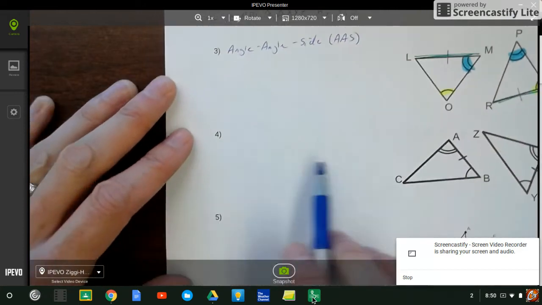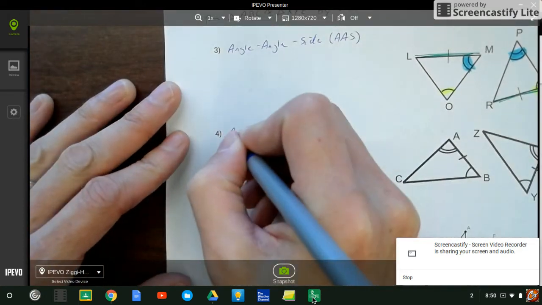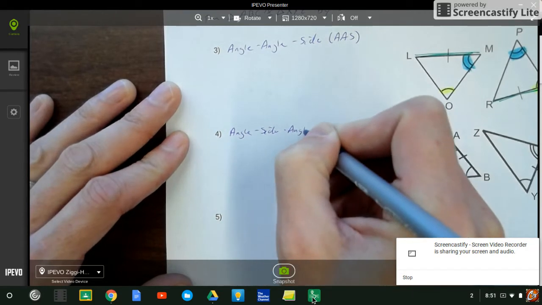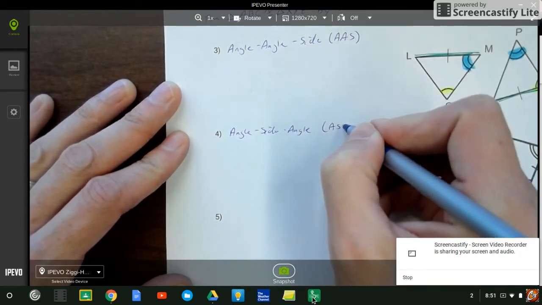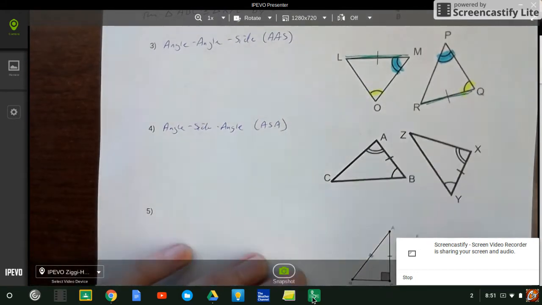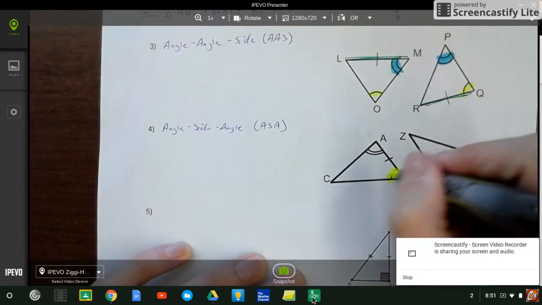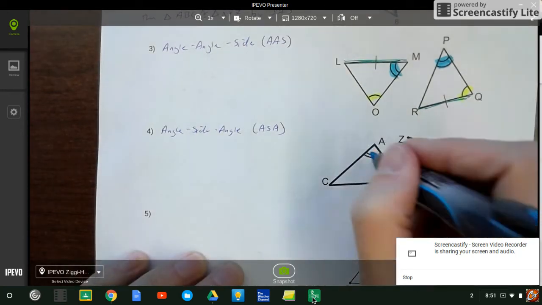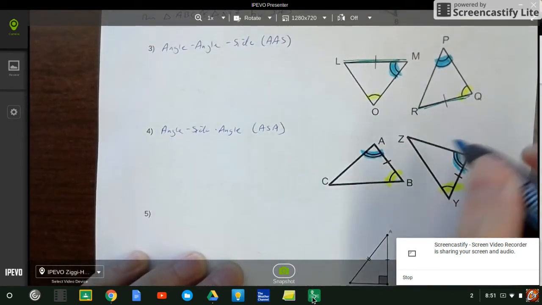Moving a little more, we also have angle, side, angle. And this one is where people get a little mixed up because it's the positioning of that side that makes a difference. Again, I have 2 angles. So I have here and there, and this angle matches that angle.